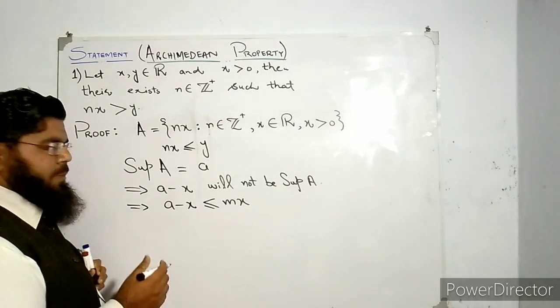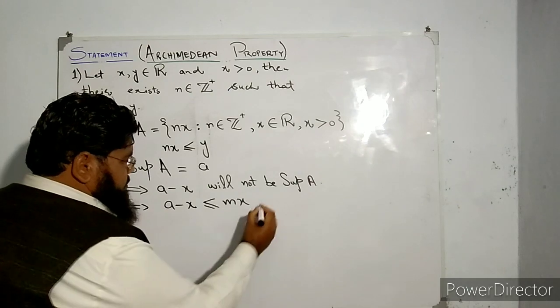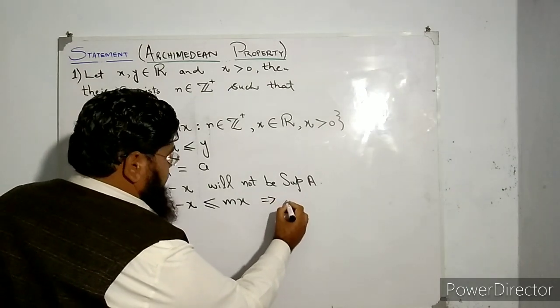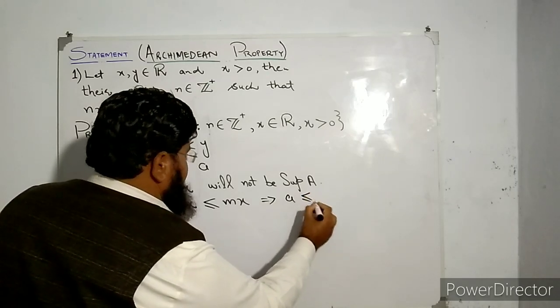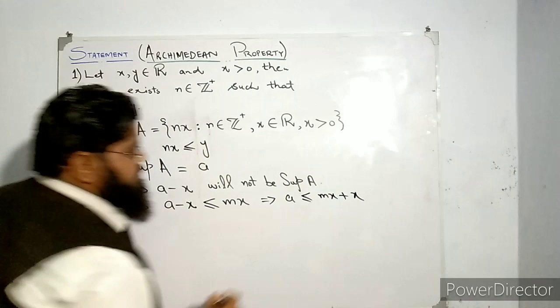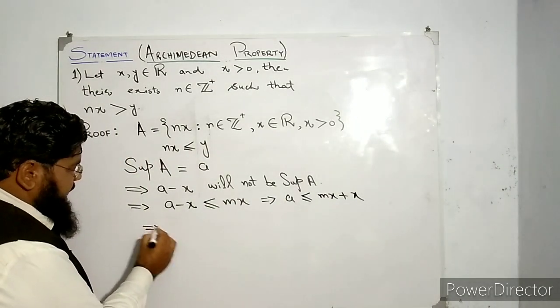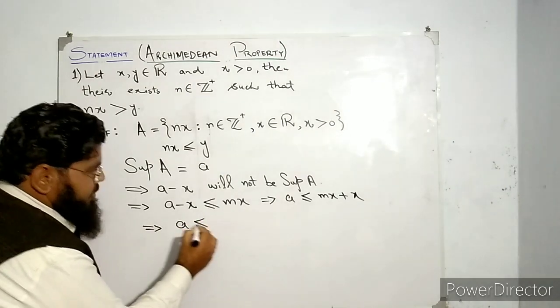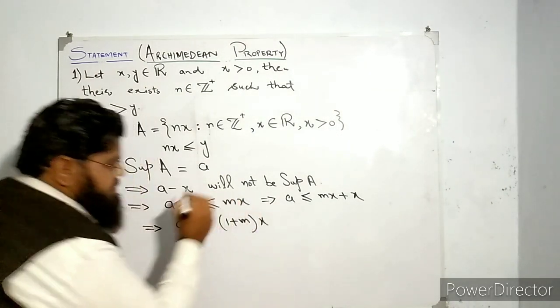Okay, and then we apply some simple algebraic manipulation steps, and we can write it like a is less than or equal to mx plus x. Okay, and then we can write it as a is less than or equal to (1 plus m) times x.